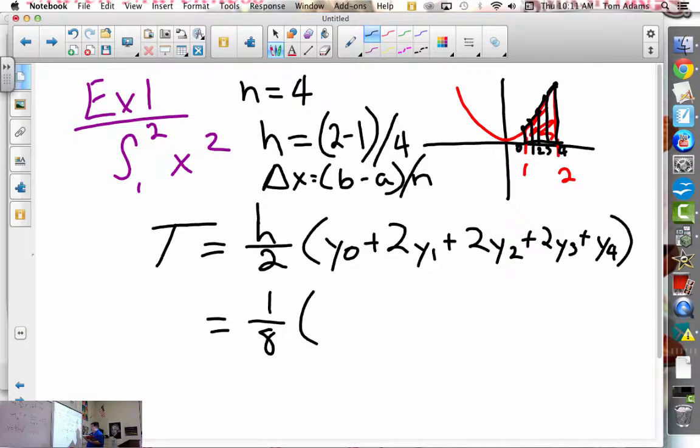Then I just need to evaluate these functions. So now if it's 1/8, I need to figure out what y sub 2 and y sub 1 and all that business is.